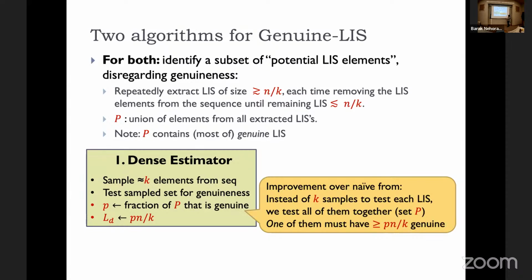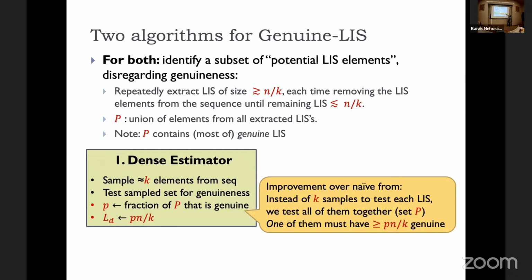So what this algorithm does is take all the candidate LIS subsequences, put them together, and test all together for the fraction of genuineness. Instead of using k samples for each of these extracted LISs, we use the same k samples to test all of them for a fraction.